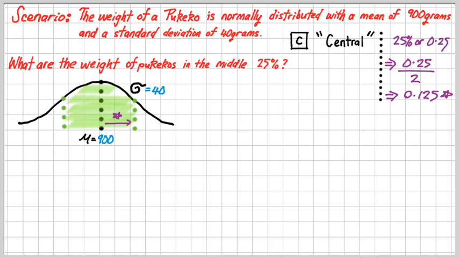Now, how does this help us? Well, that 0.125 is actually half of the shaded area. So two halves make a whole. Hopefully that's obvious enough for you. And we're looking for that value there. So let's do that first.